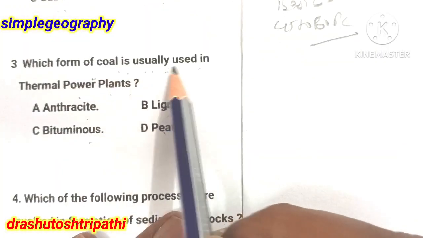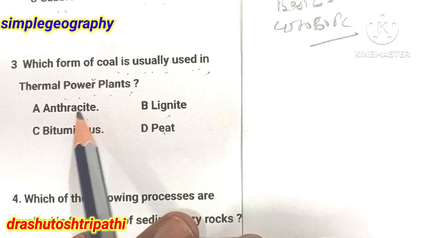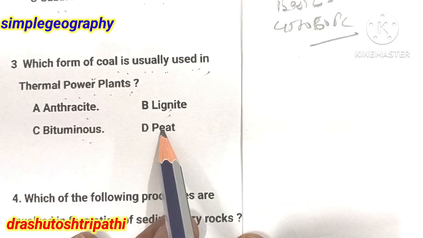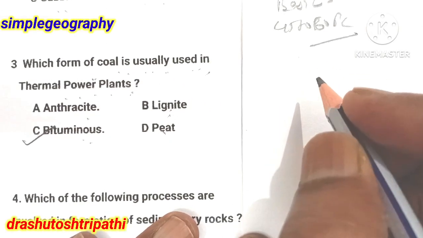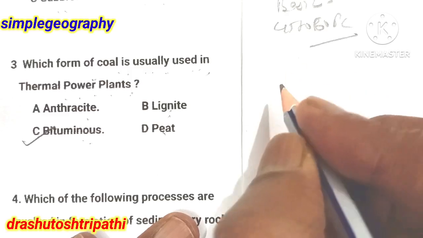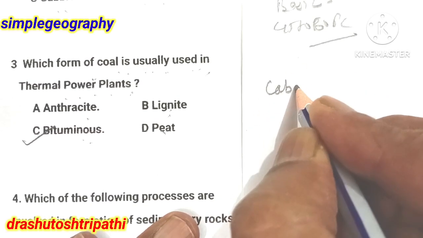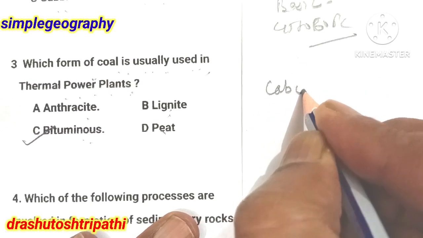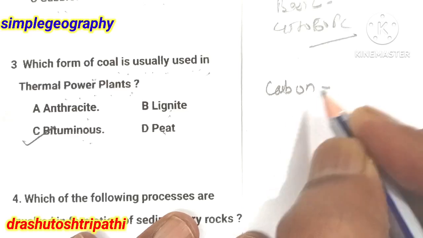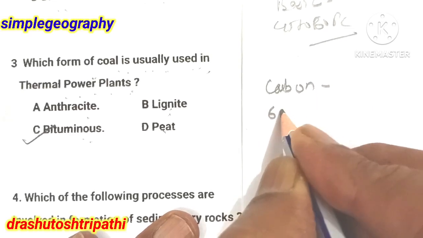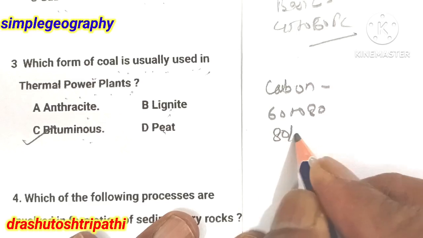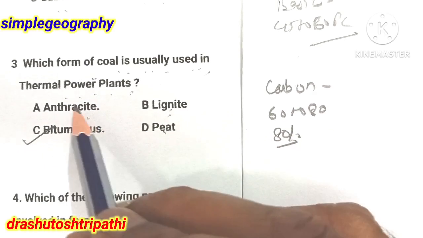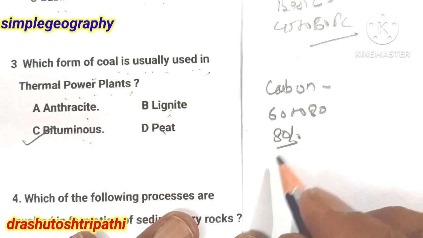Which form of coal is usually used in thermal power plants? Anthracite, lignite, bituminous, or peat? The answer is bituminous. Bituminous is the coal which is used in thermal plants because the carbon content in this type of coal is between 60 to 80%, and 80% of the world's coal comes under bituminous.